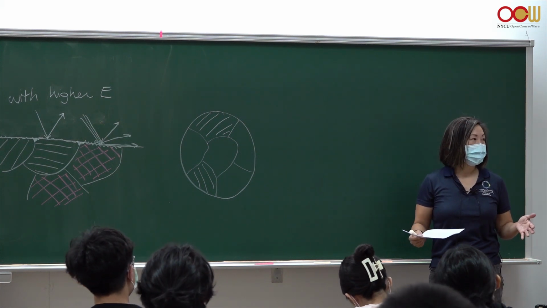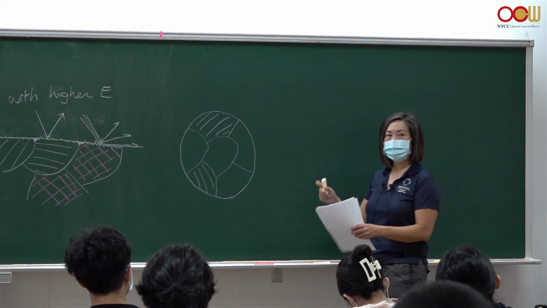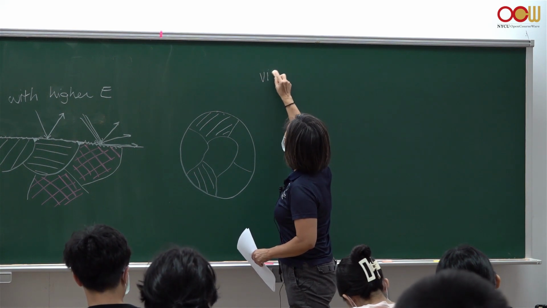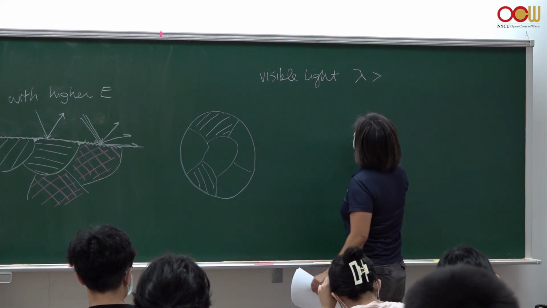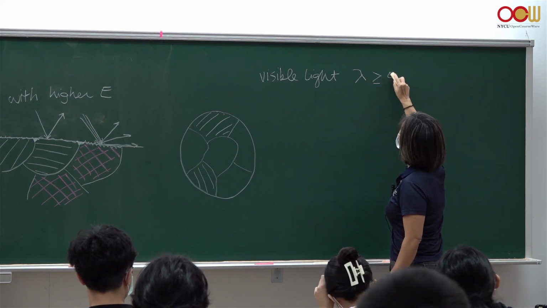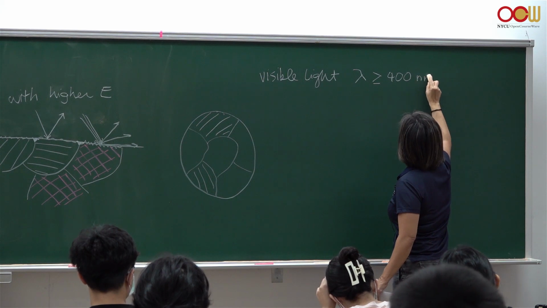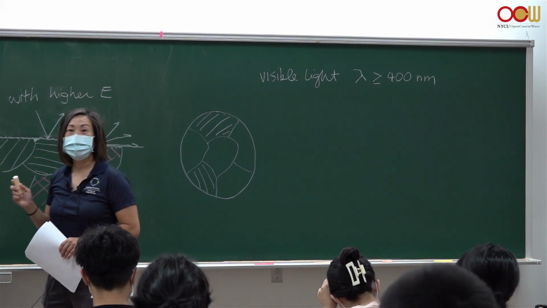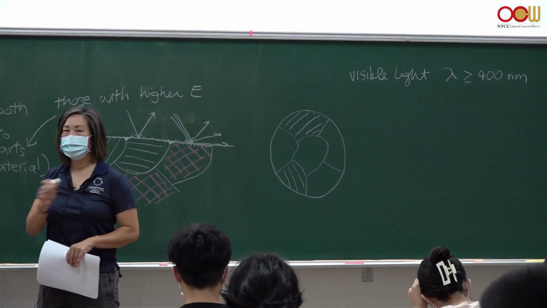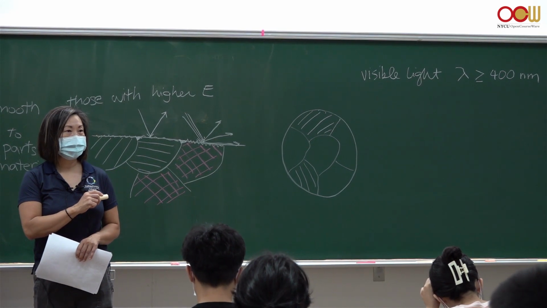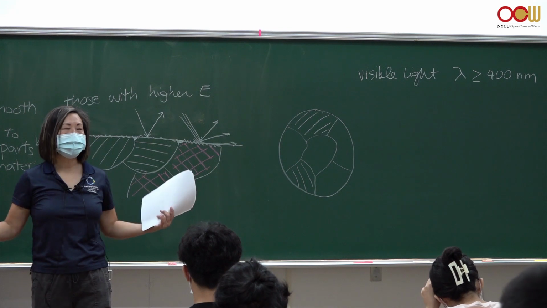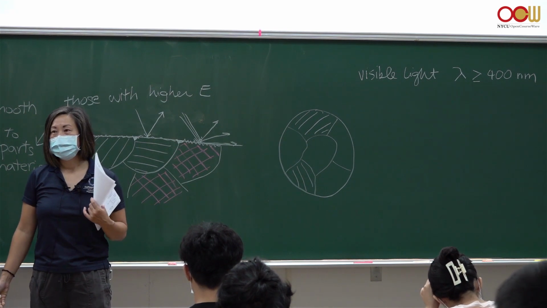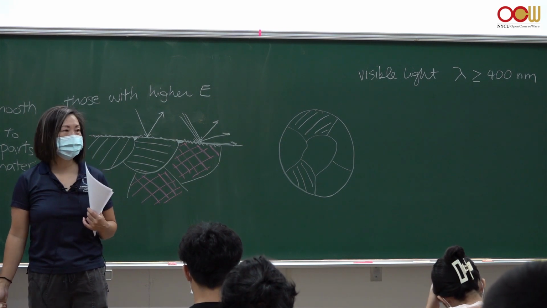The shortest wavelength of visible light is going to be bigger than or equal to about 400 nanometers. And so it would be really difficult to see anything lower than 400 nanometers because the wavelength is just too big to interact meaningfully with the material structure.